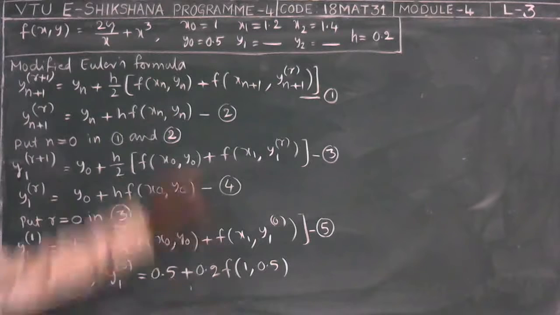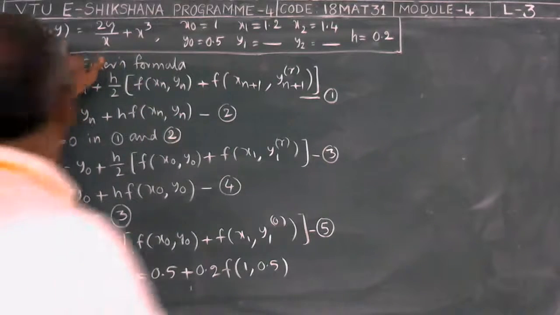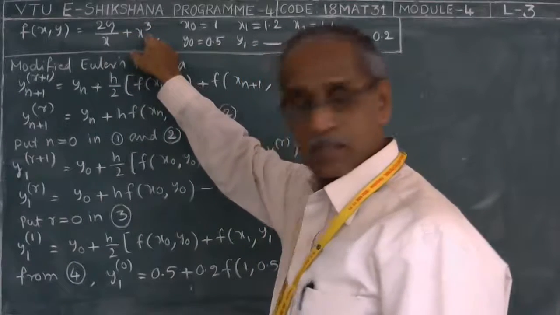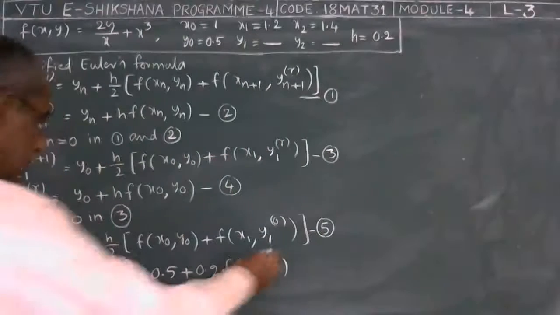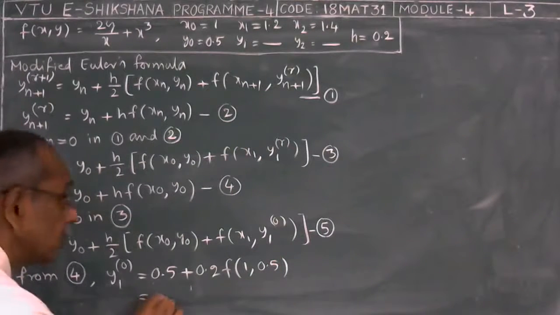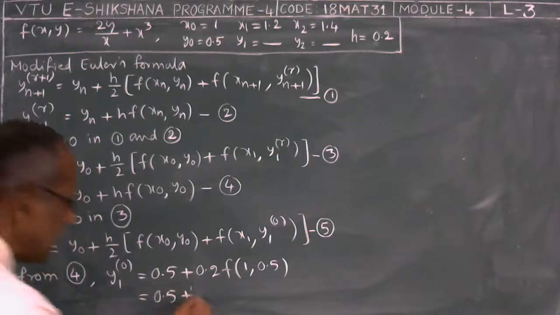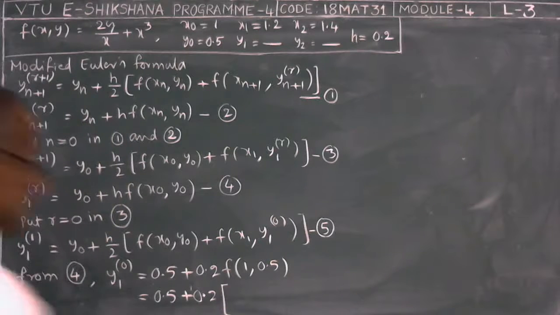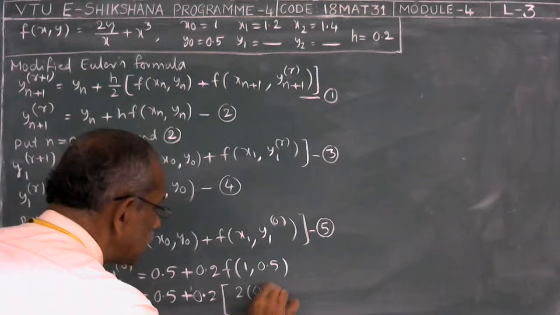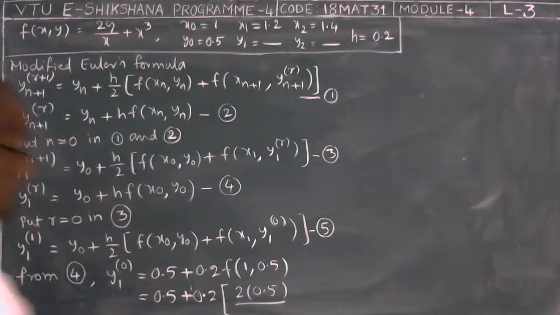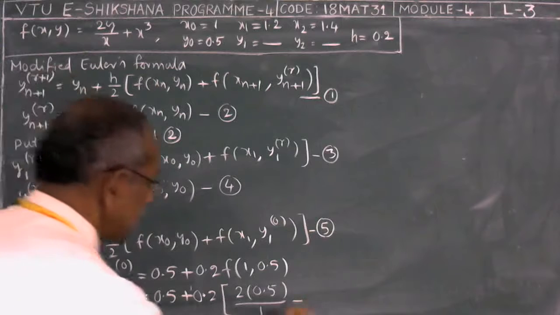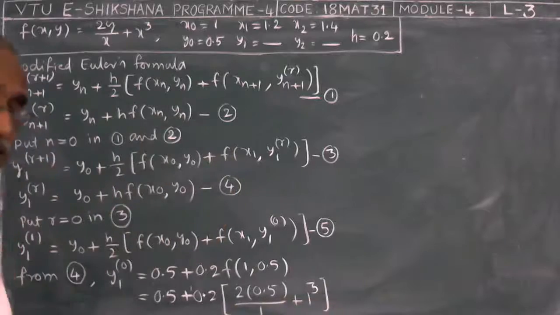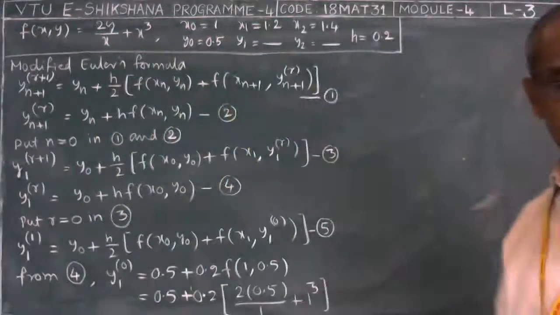Remember, the definition is different now. f of x comma y is 2y by x plus x cube. So let us substitute here. This is equal to 0.5 plus 0.2 into 2 into 0.5 divided by x, x is 1, plus x cube, 1 cube. Is that right? Please see this.